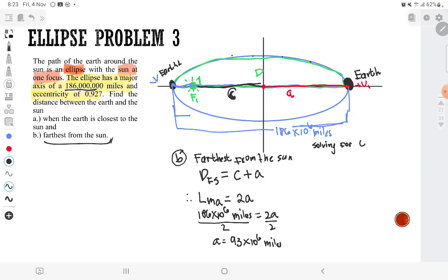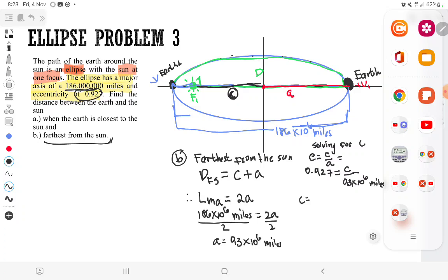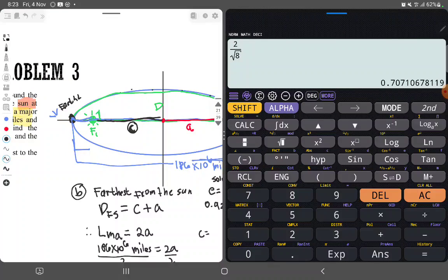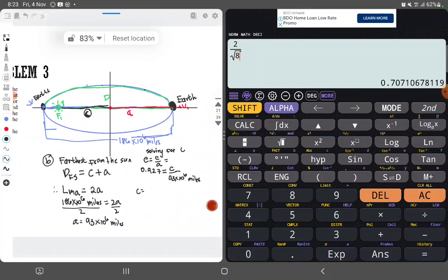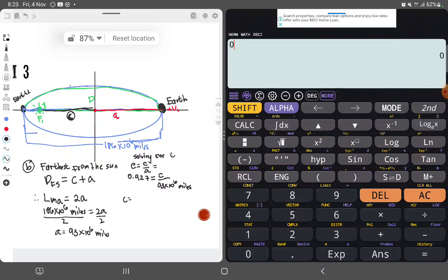We have our eccentricity, E is equal to C over A. Knowing that E is equal to 0.927 and A is equal to 93 times 10 raised to 6 miles, C will be equal to 0.927 times 93 times 10 raised to 6.